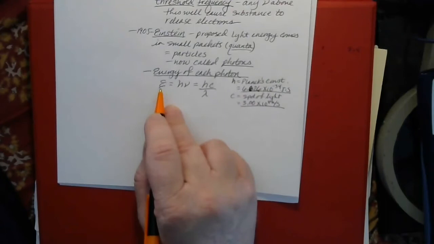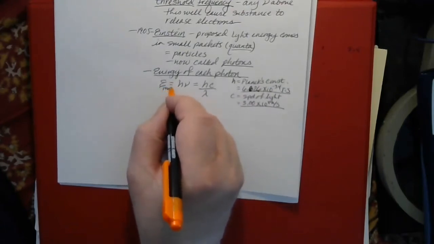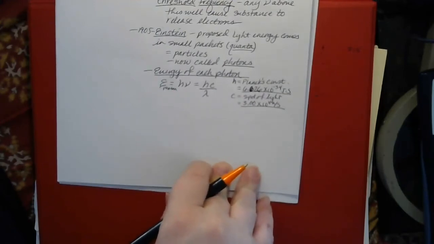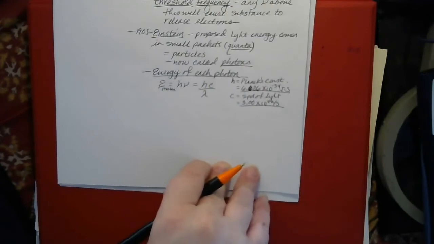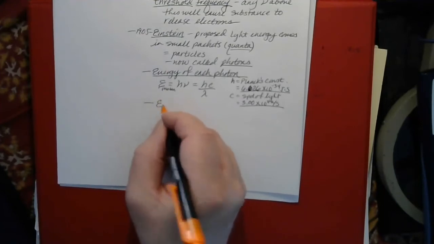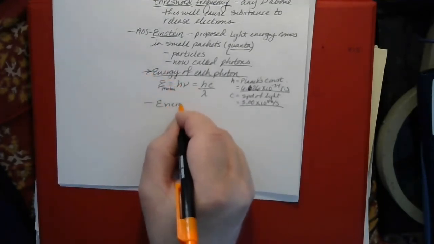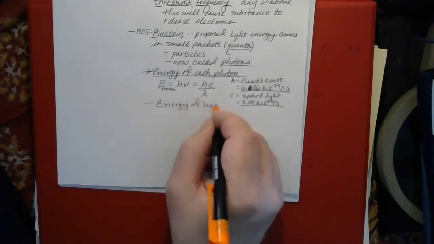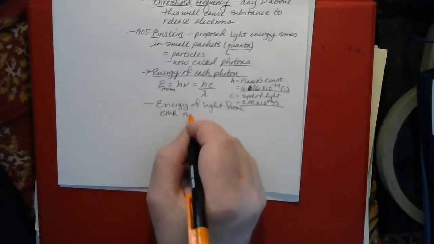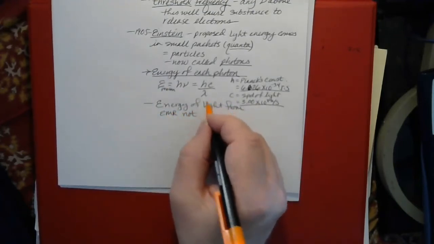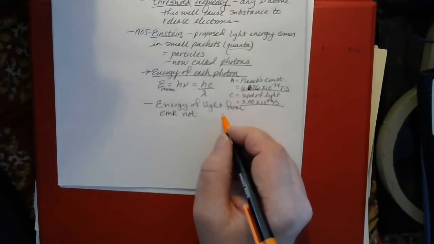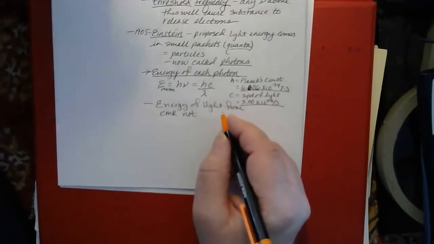Now we can find the energy of each photon of a given light just based on the wavelength or the frequency. Because light consists of photons, the amount of energy that you can get from light comes in these little packets, because there's a certain amount of energy that each photon has.